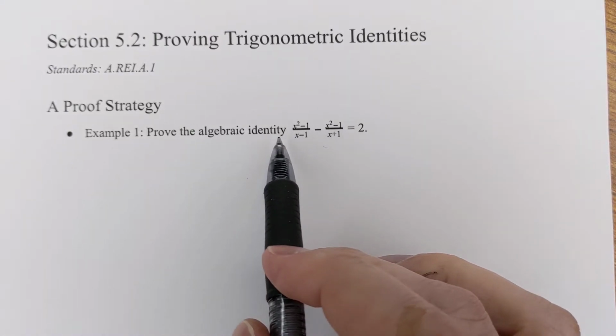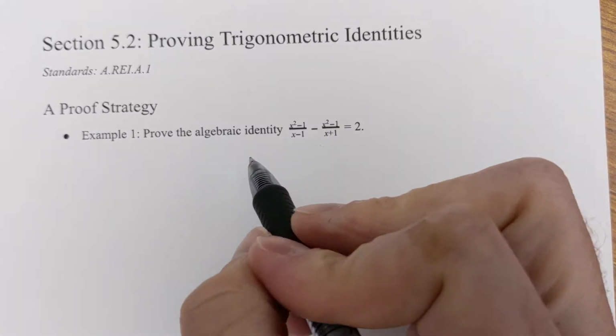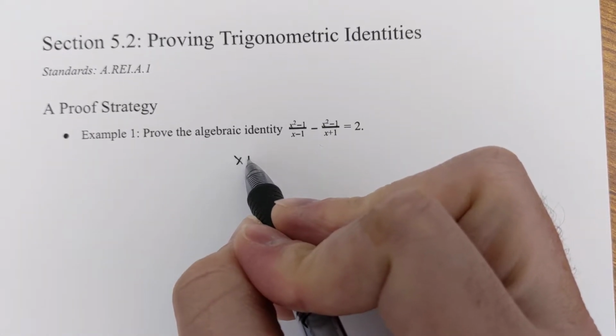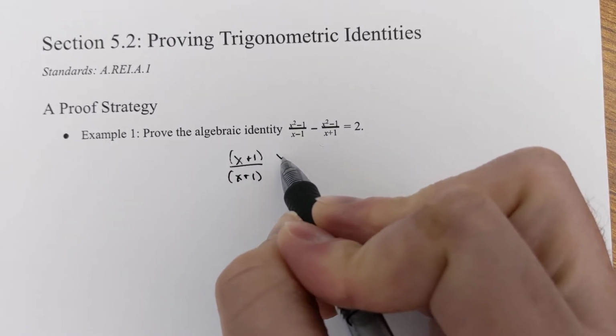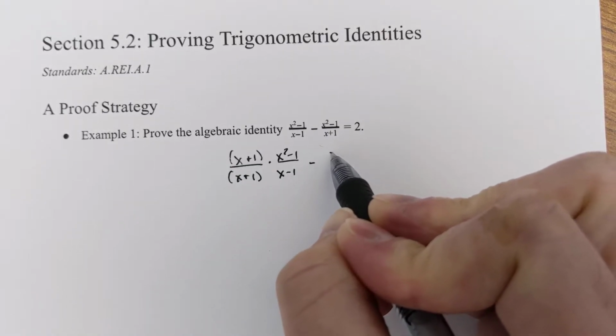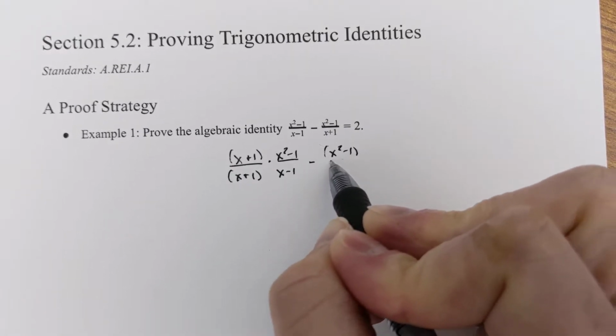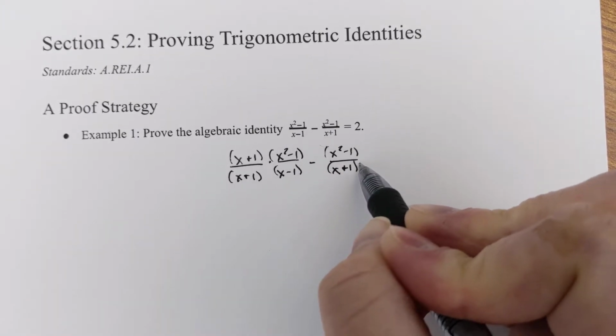So the only thing I can do over here is try to combine these two fractions. To do that, I need a common denominator. So the fraction on the left needs to get multiplied by x plus 1 on top and bottom, and the fraction on the right needs to get multiplied by x minus 1.